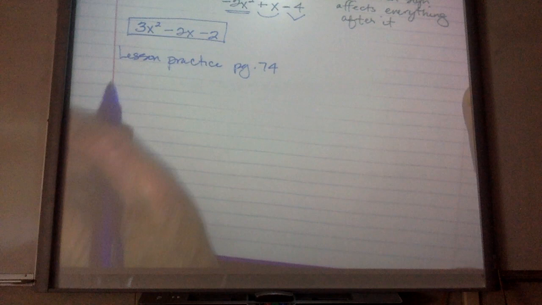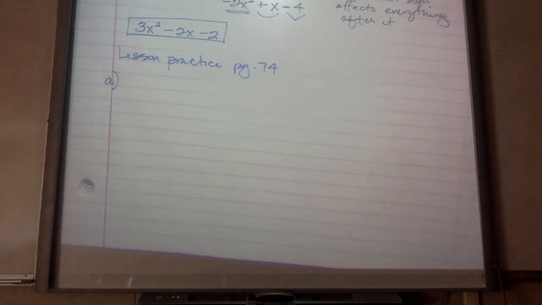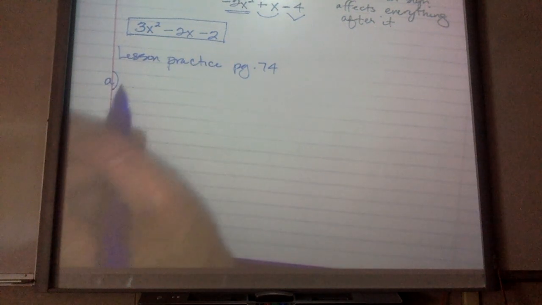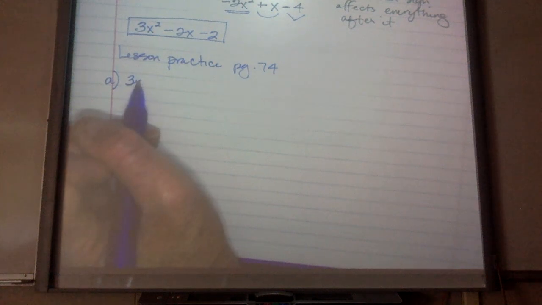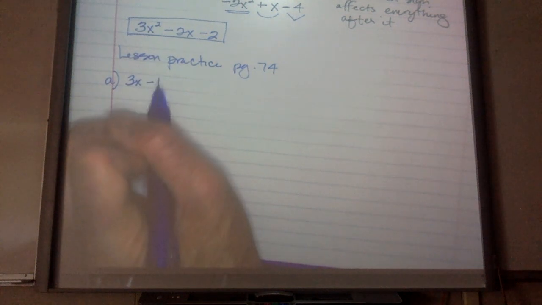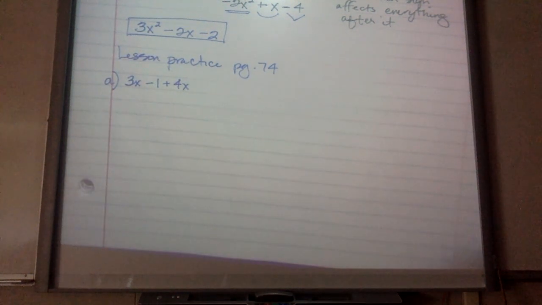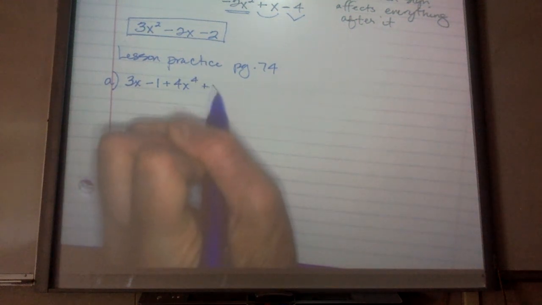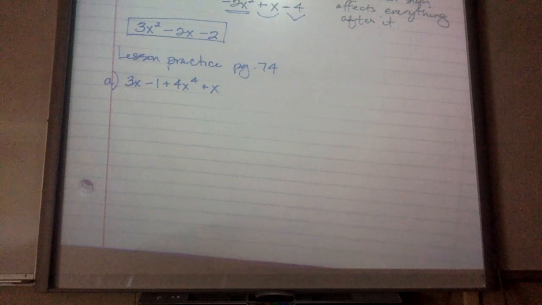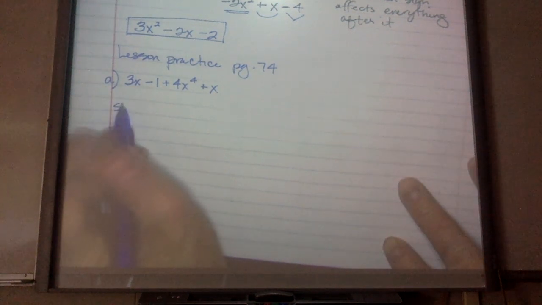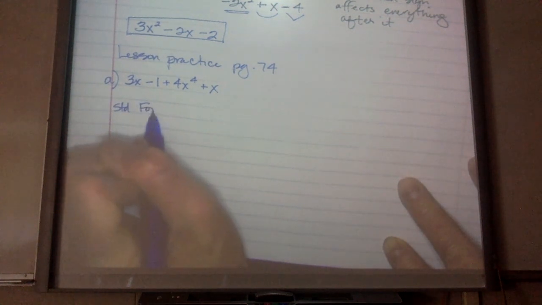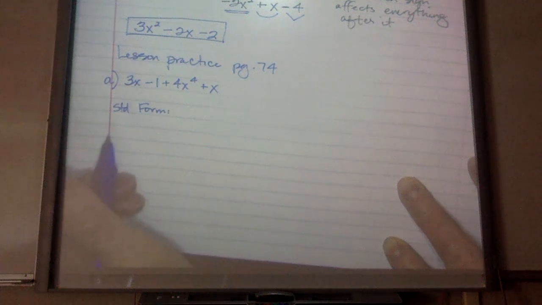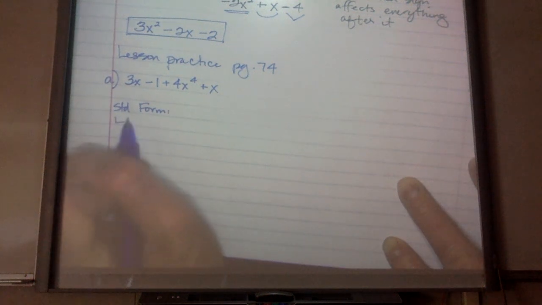All right, so part A. They would like us to write the polynomial 3x minus 1 plus 4x to the 4th plus x. They'd like us to write it in standard form. They'd like us to find the LC and the constant.